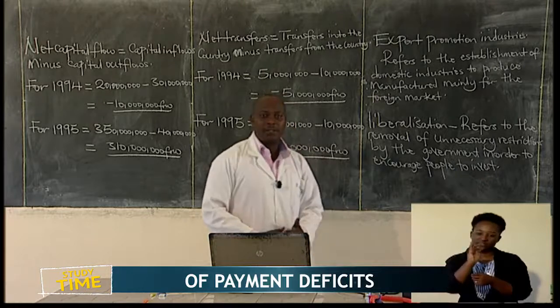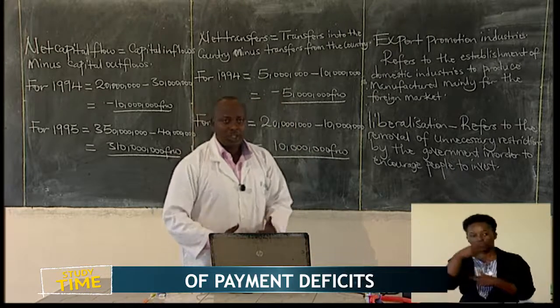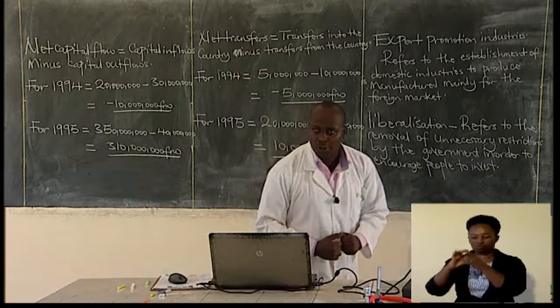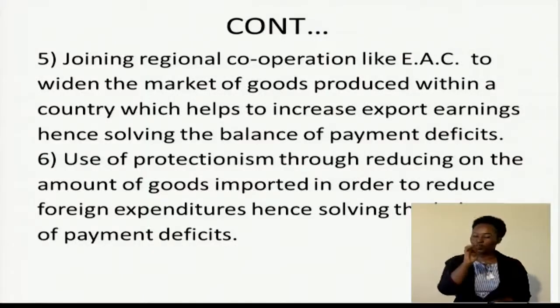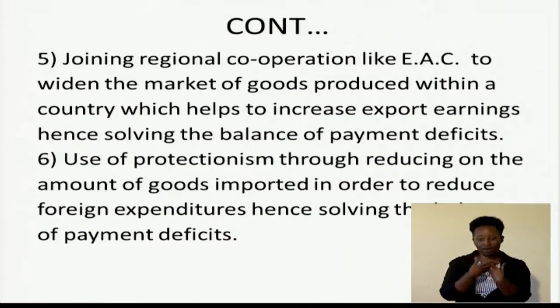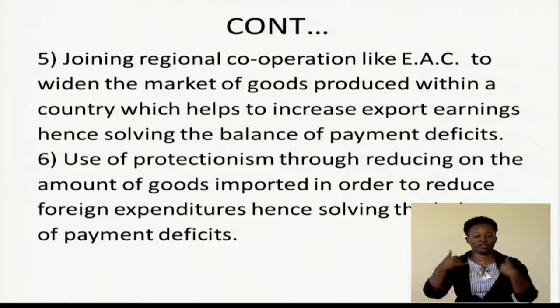The next solution is joining regional cooperation. And what is regional cooperation? Or what we call economic integration. Economic integration or regional cooperation, it is a cooperation of several countries to trade together in a given region in order to enjoy economic benefits. And this will widen the market of products.